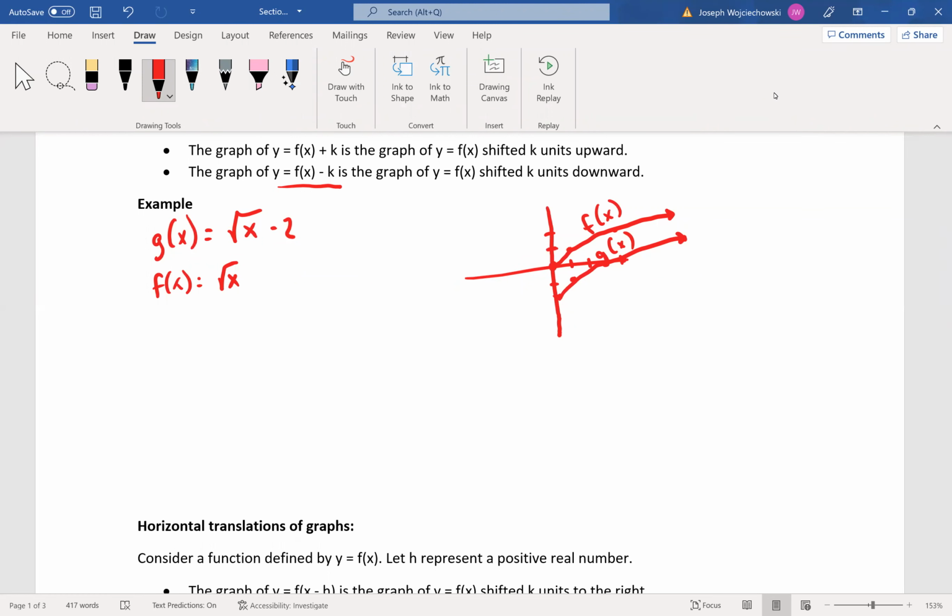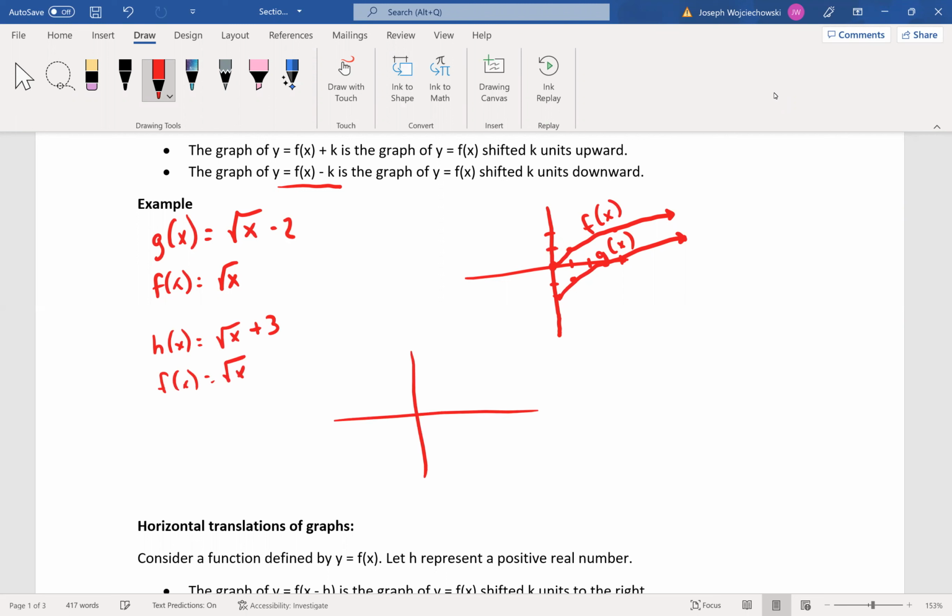Let's look at another one where we add. Let's say h of x is equal to the square root of x plus 3. That means that f of x is simply the square root of x. We're adding, so we're shifting up. Same deal.